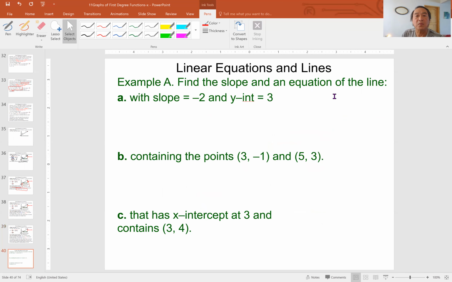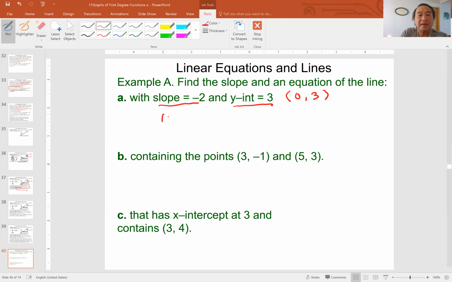Here are some examples. In this example, I tell you the slope of the line and where the y-intercept is. The y-intercept is basically a point, 1 point, (0, 3). That's precisely what the point slope formula requires: a slope at a point.